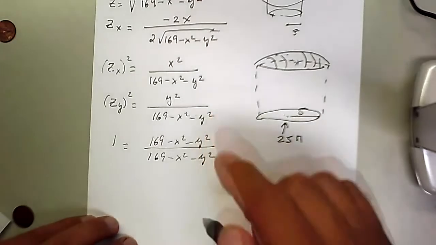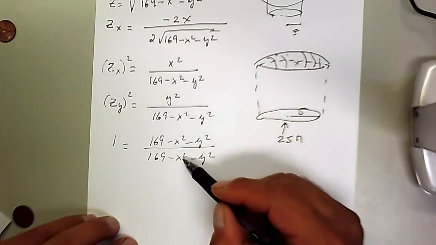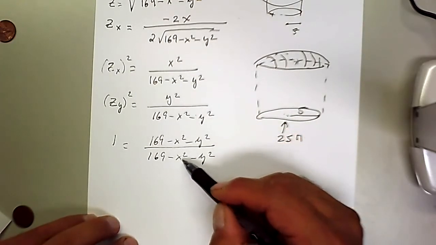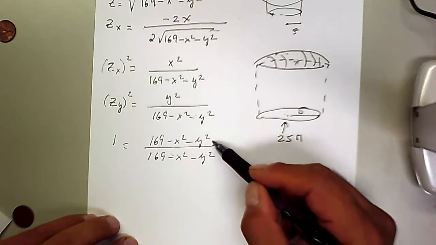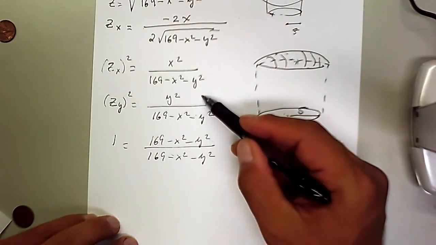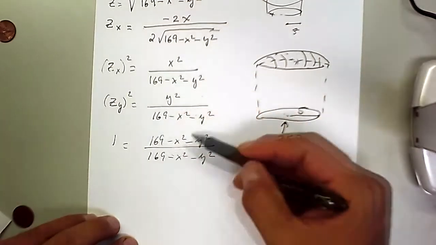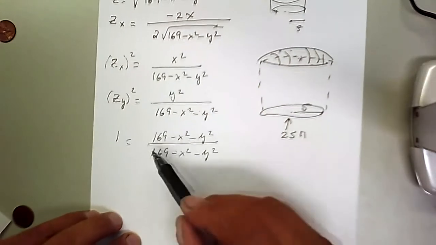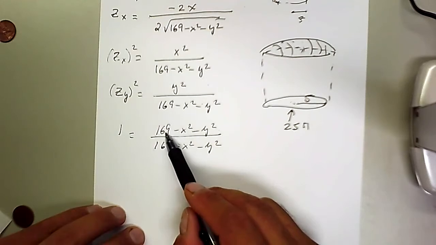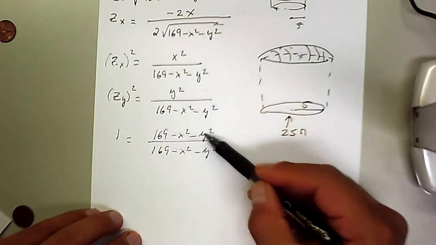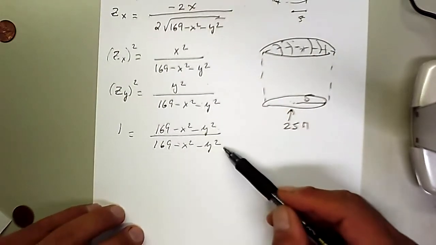So something interesting is happening. We have the same denominator, the bottom. If we add this plus this, well, the y squareds go away, plus this causes the x squareds to go away. So the 3 together are going to give us just 169 because the other 2 went away with those negatives over the same denominator.